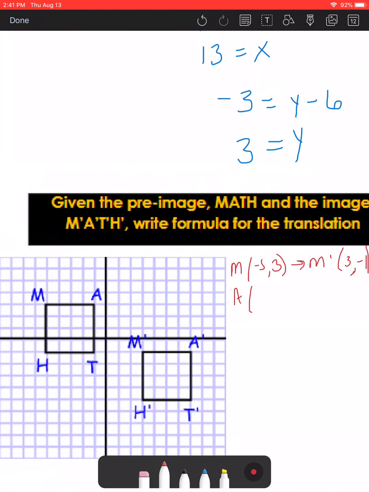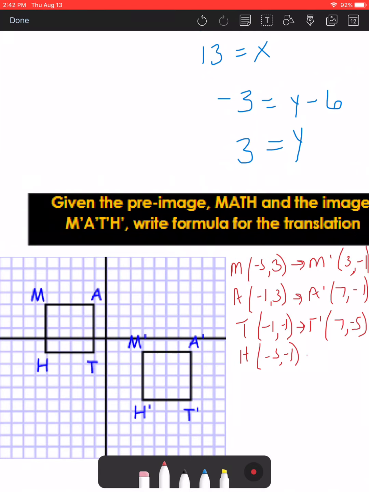Our A point is located at -1, 3, and A prime is located at 7, -1. T point is located at -1, -1. T prime is located at 7, -5. And lastly, your H point is located at -5, -1, and H prime is located at 3, -5.